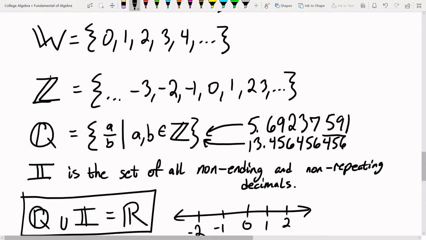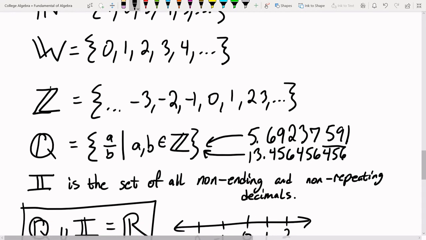Now, how do the integers play in? Well, the integers here, this Z, right? If we consider b equal to 1 here, then a can be anything, and we get all of these integers, right? a can be -1. If a equals -1, then a over b equals -1 over 1, which is -1. And so -1 is within the rational numbers.